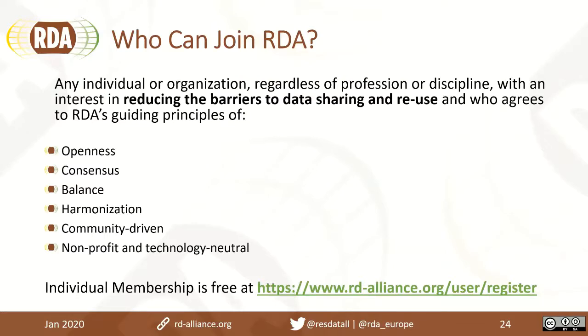If you want to become an individual member, individual membership is for free. Here I provide a link that you can use to register to become a member. There is also institutional membership, which offers then additional advantages but comes with a charge.